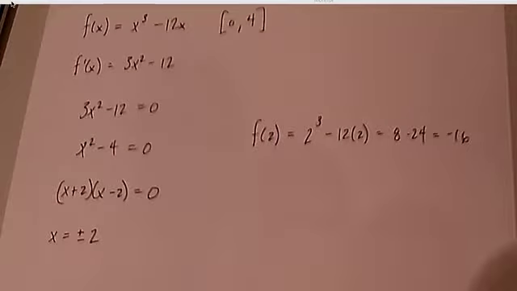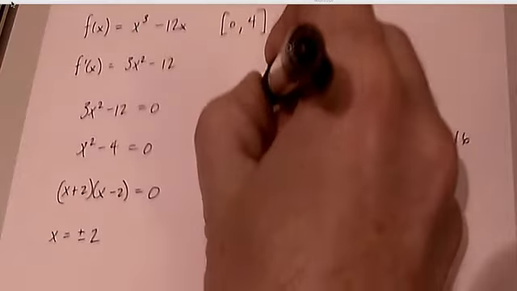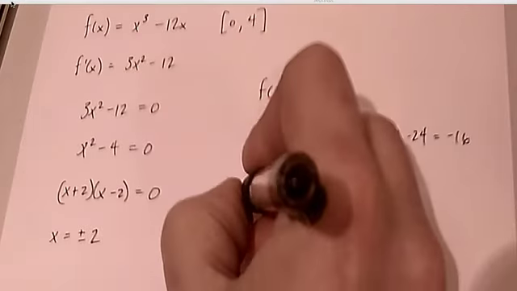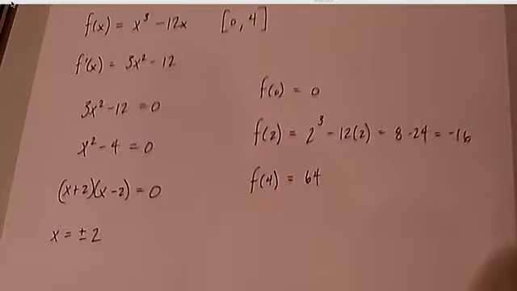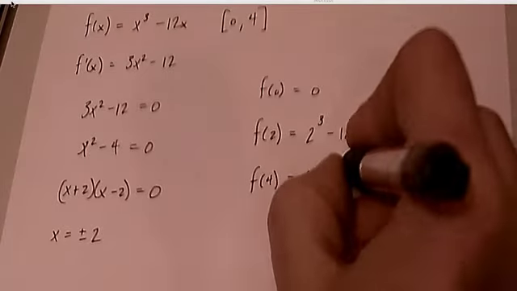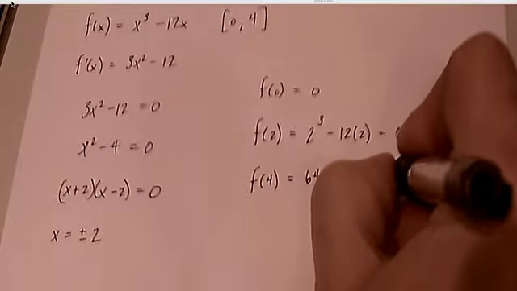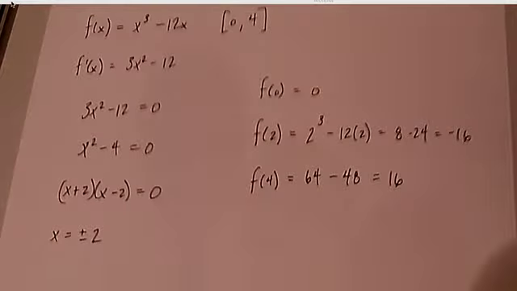Then you just need to compare the critical values with the function values at the endpoints. f of 0 is 0, and f of 4 is 64, which is 4 cubed, minus 12 times 4, which is 48. That winds up being positive 16.